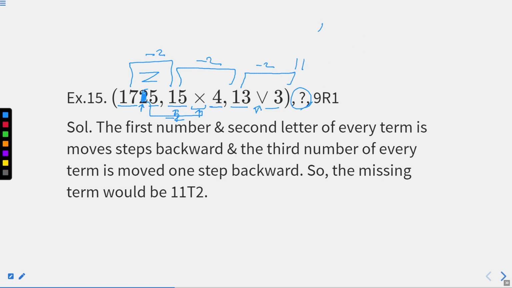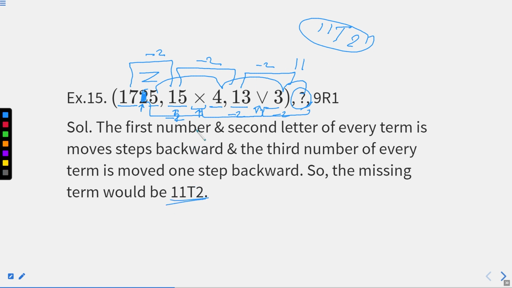So here I'll write 11 as the first part of our answer. Before that, if we subtract 2 from X, we'll get V. Then again we subtract 2, we'll get T. So here we'll write T. And in the last, as I noted, 5 minus 1 is 4, minus 1 is 3, then minus 1 is 2. So this is going to be our answer written here.